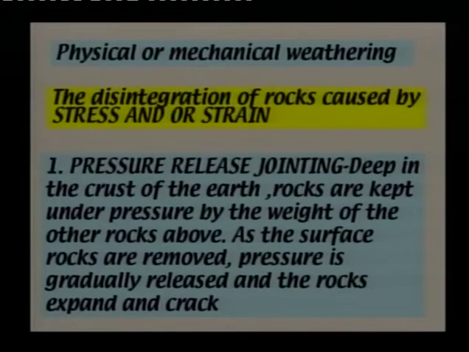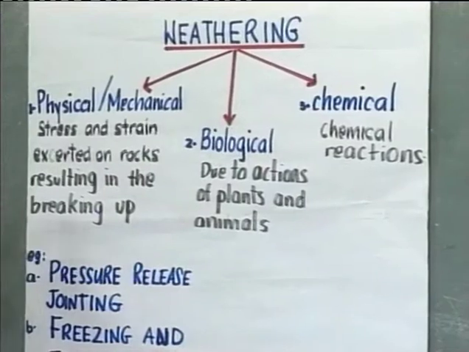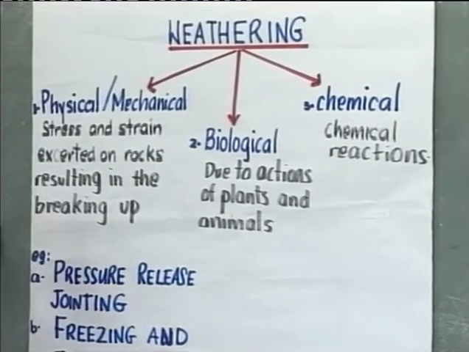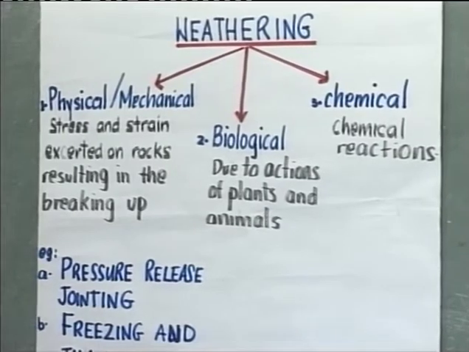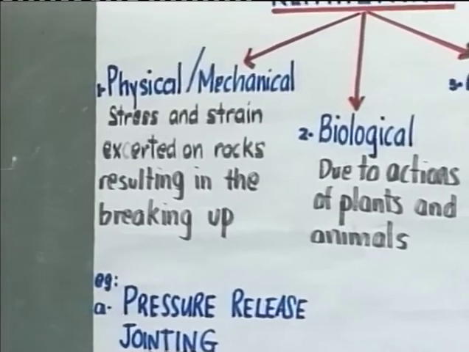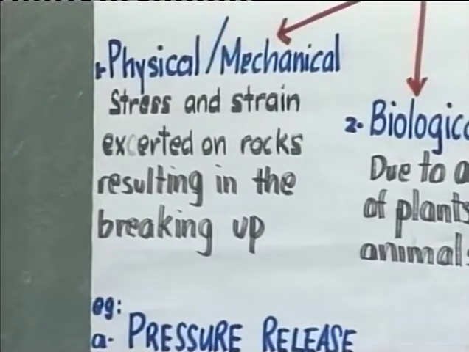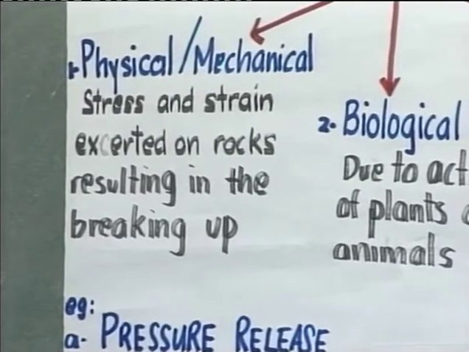But we also need to remember when we are dealing with physical or mechanical weathering, it is important for us to note that it occurs when there is a stress or a strain exerted on a rock. And when that particular rock breaks up because of the stress and strain exerted on it, then we say physical or mechanical weathering has taken place.